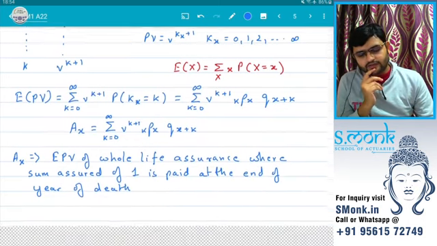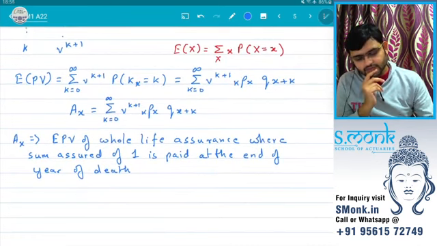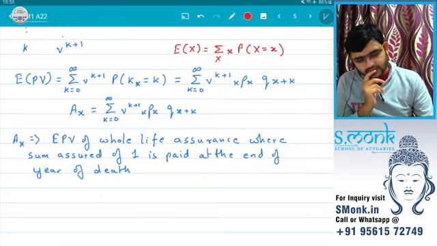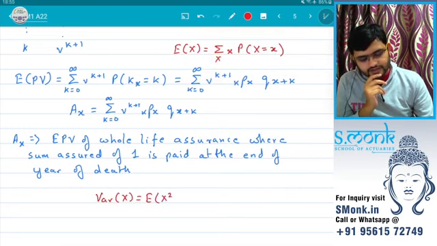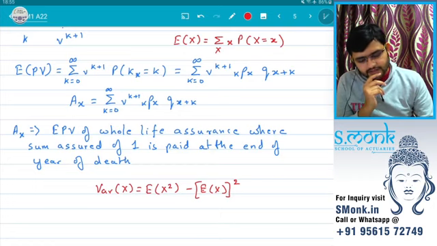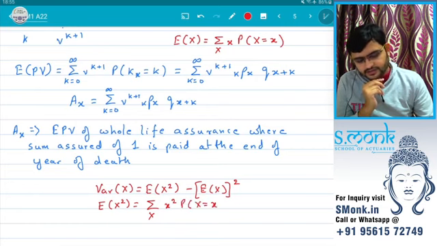Now we calculate variance. To calculate variance, we require expected present value whole square. So first of all, variance of x is expected value of x square minus expected value of x the whole square. We have already calculated expected value of x, that is our AX, but the formula for expected value of x square is summation for all values of x, x square into probability of x.